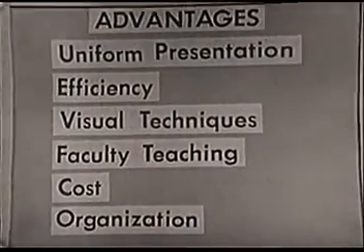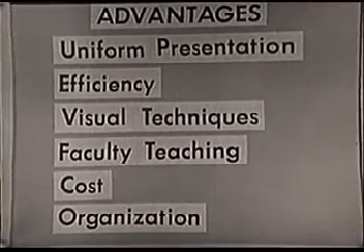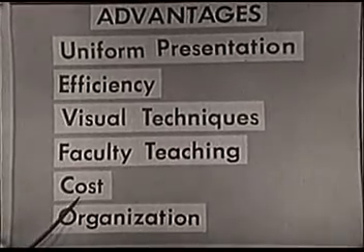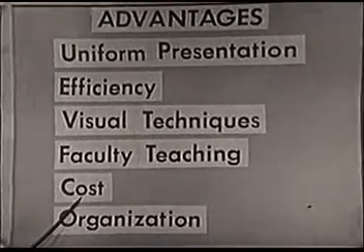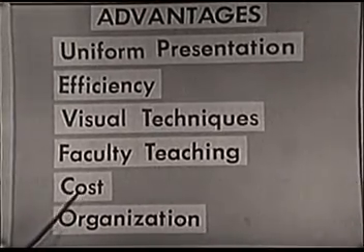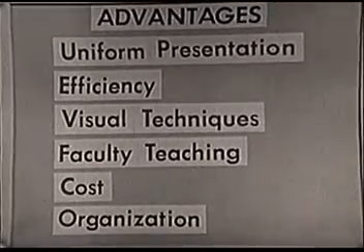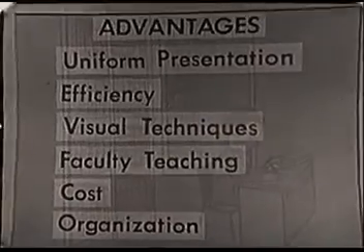Next, under advantages, we list cost. Now, this may seem odd at first because we listed cost under disadvantages, and we were indicating that the initial cost was high. However, let's see exactly what we mean by saying that cost can also be an advantage.